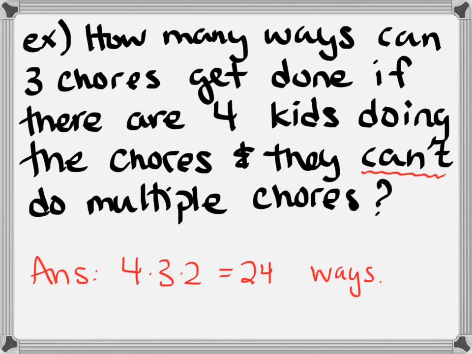Once the first chore has been done, one of the kids has already done this and they can't do another chore. That means that we now only have 3 options for doing the second task or the second chore. Once we've done those 2 chores, the third chore has 2 kids that could possibly do it. So we multiply the 4 times 3 times 2 to get 24.